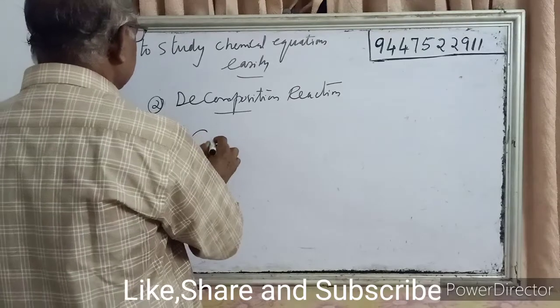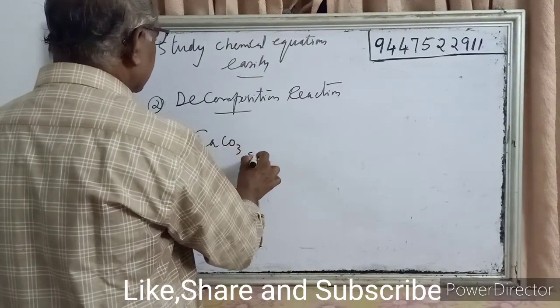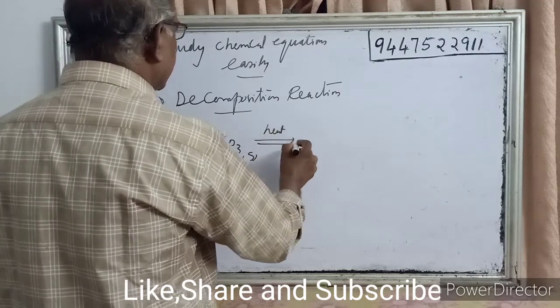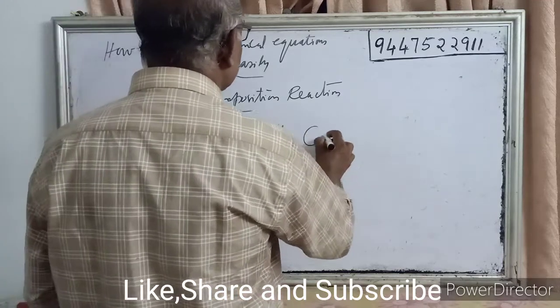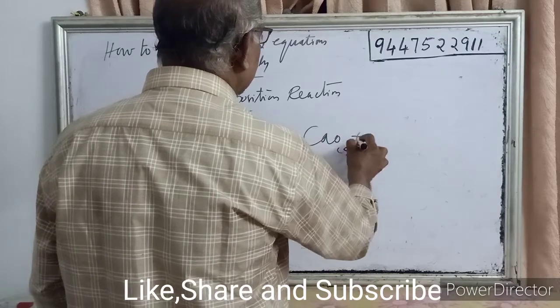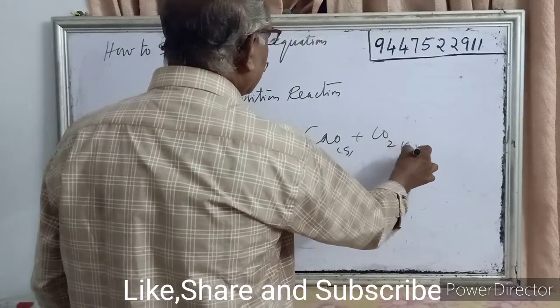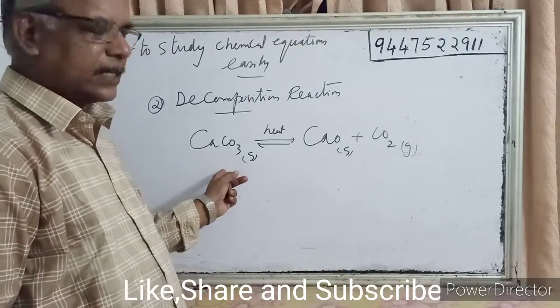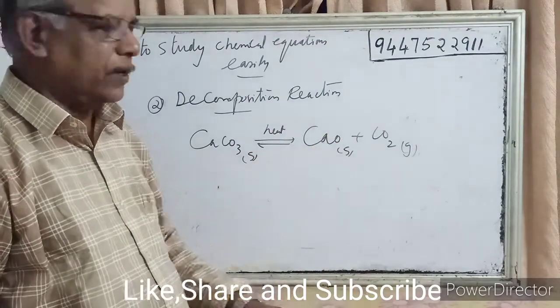Example, CaCO3, that is calcium carbonate, on heating decomposes to give calcium oxide and carbon dioxide. So that is a decomposition reaction. A single reactant breaks down into simpler products.